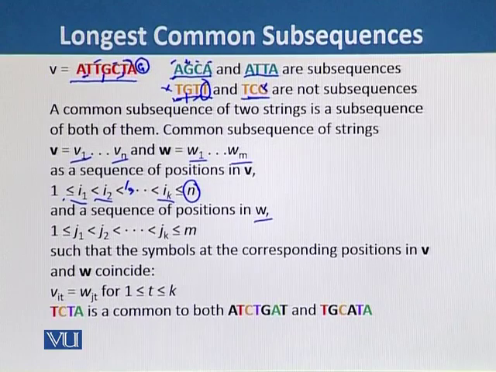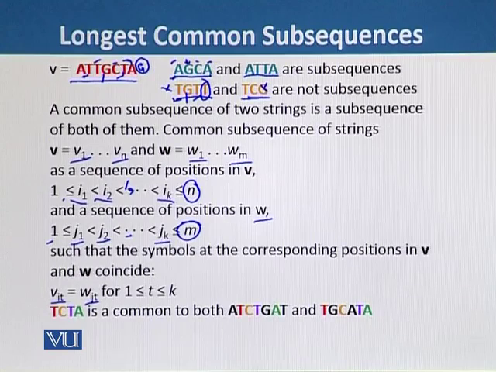Similarly for W, 1 is less than or equal to j1, j1 is less than j2, and so on up to jk, which is less than or equal to m, such that the symbols at the corresponding positions in V and W coincide and are equal, so V at i_t equals W at j_t.